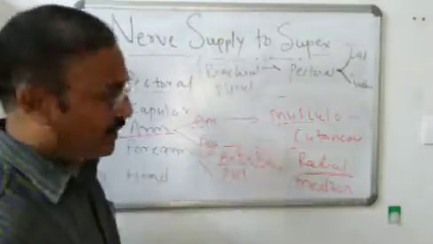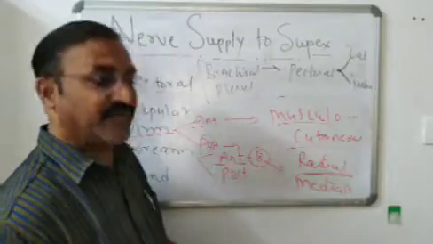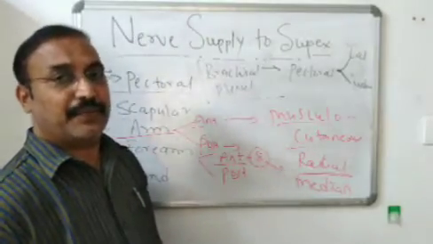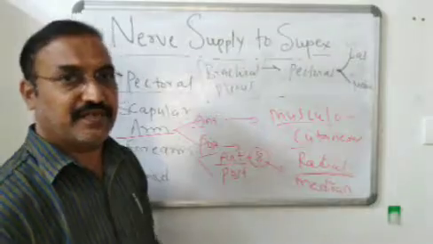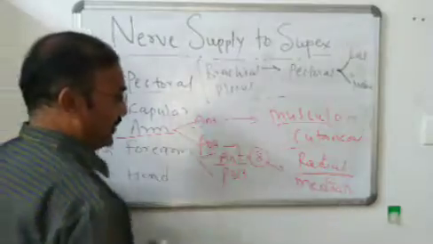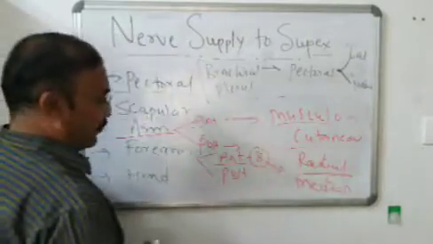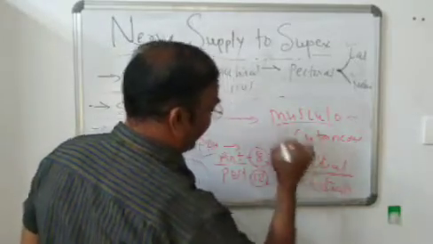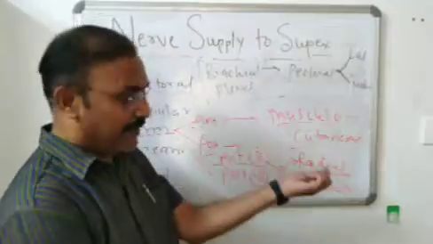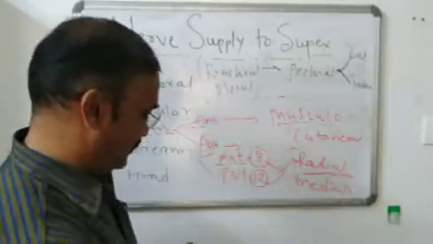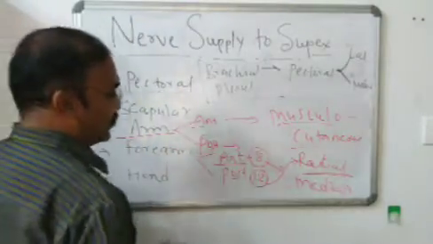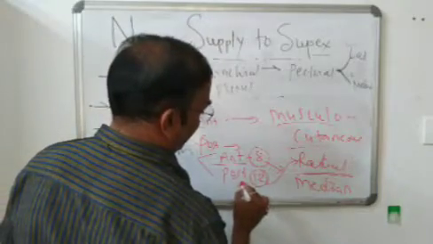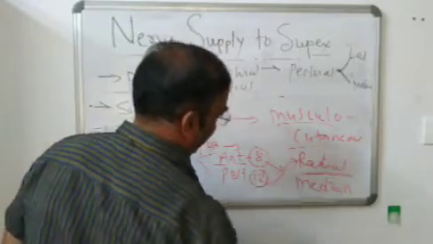These include pronator teres, flexor pollicis longus, flexor carpi radialis, flexor carpi ulnaris, flexor digitorum superficialis and flexor digitorum profundus, all supplied by the median nerve. Then in the posterior compartment of the forearm, 12 muscles are present, and all 12 are supplied by the radial nerve. So the 8 anterior muscles are supplied by the median nerve and the 12 posterior muscles by the radial nerve.